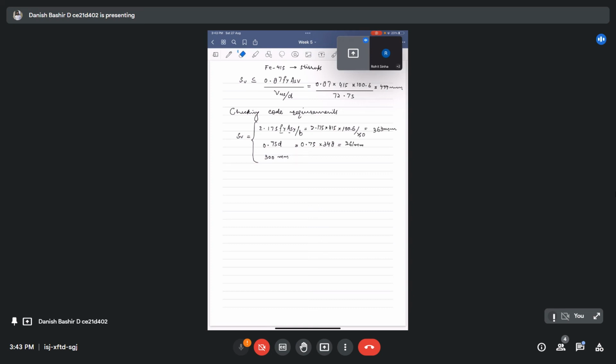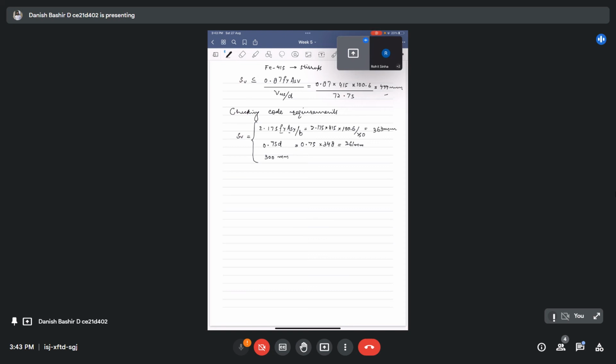We have to provide the lesser of the three. From the area of stirrups that we gave, ASV, we had 499, approximately 500 mm distance that we could provide between the stirrups.